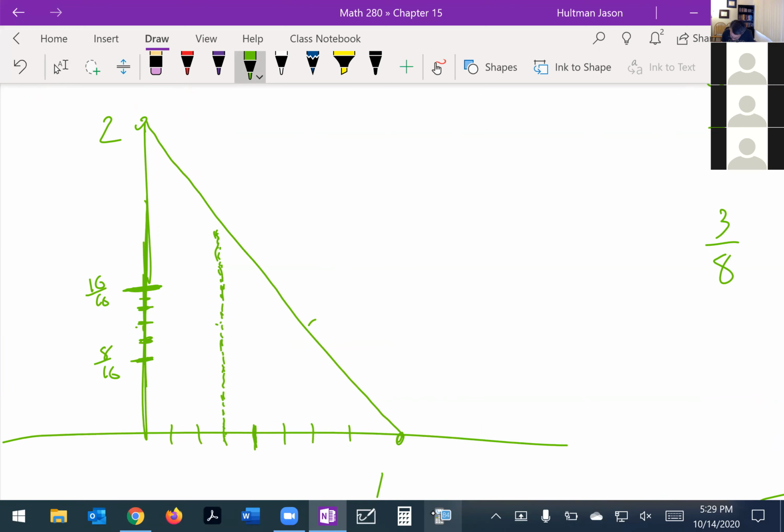So 1, 2, 3, 4. So we got 8 pieces now. Sorry, I want to go 3 because this is 11/16. So I'm just going to eyeball it and say it's right here. And where's that center of mass? That center of mass is at 3/8, 11/16.